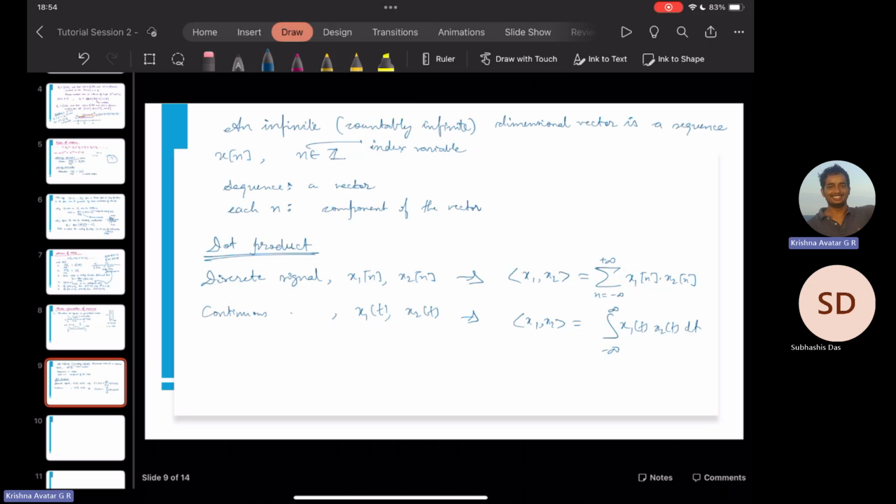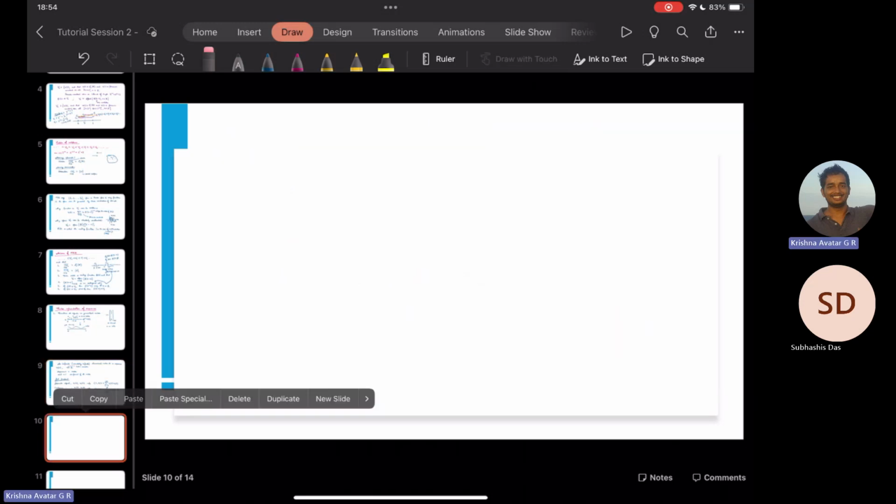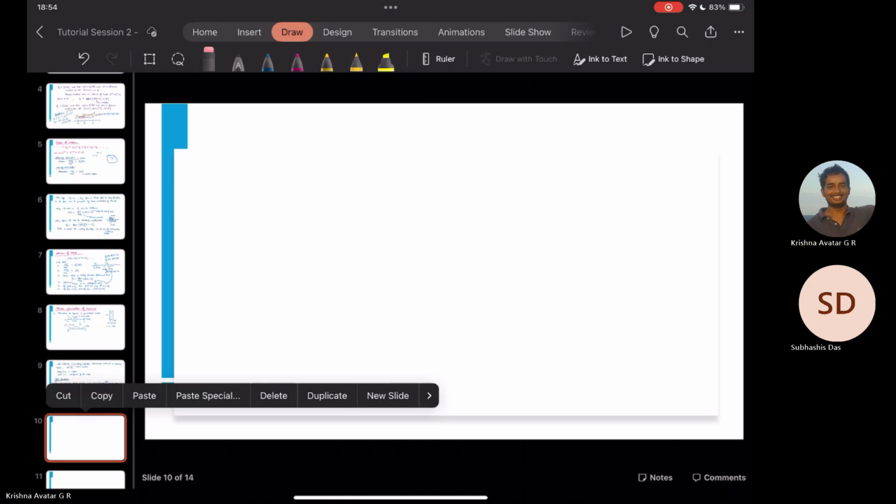And from here we have the concept of norms, right? Whenever we talk about norms, it actually implies induced norms, or to compute a norm, you have to ultimately resort to the dot product. So now let's talk about what we mean by norms.